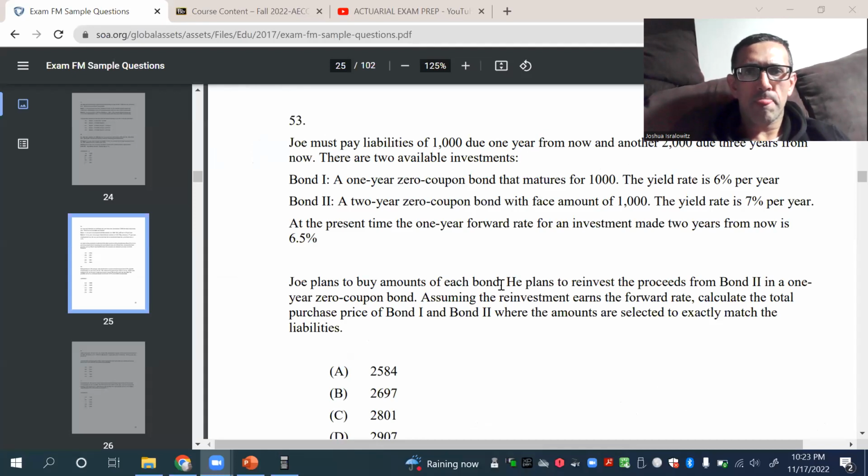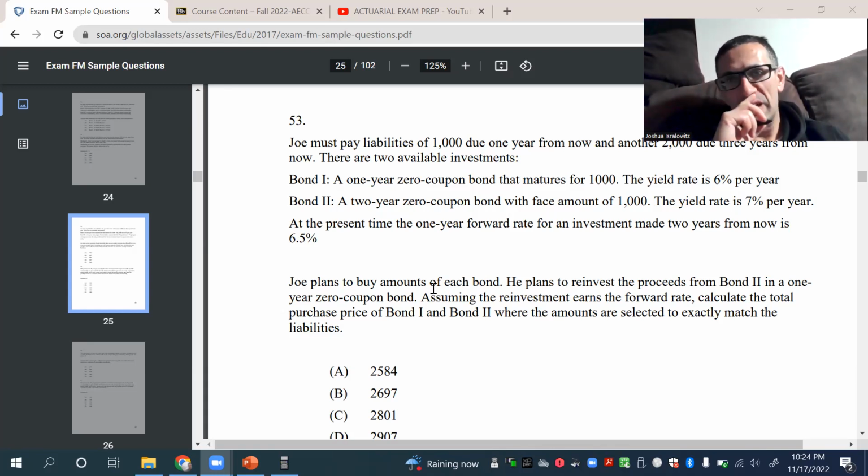You purchase this bond, 7% per year, the 2-year bond, and then after 2 years you invest the proceeds of bond 2, the total accumulated value from bond 2, into an account earning the 2 to 3 forward rate, that interest rate of 6.5%.